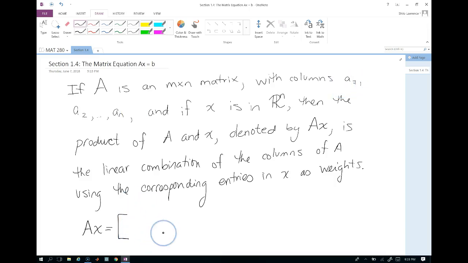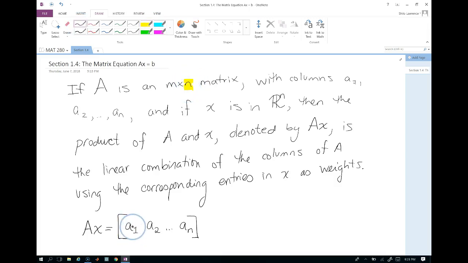So if we write this out in algebra notation, we're only identifying the columns. There is a full column of numbers here, but we're just calling the entire first column A sub 1 and the entire second column A sub 2. Our last column would be A sub n, because this value tells us we have n columns.